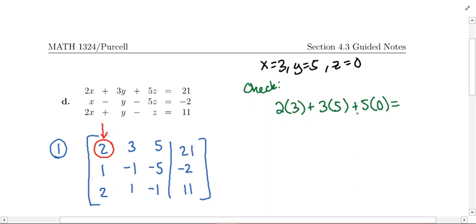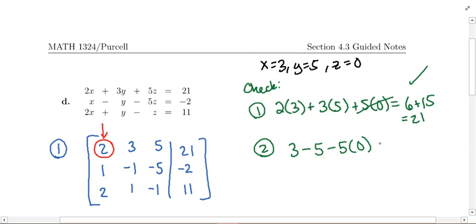If you simplify that, you get 6 plus 15, you get 21. So that works. If you look at equation number 2, plug in these values. You would get 3 minus 5 times 0. That's going to give you 3 minus 5, that's negative 2. That one works.